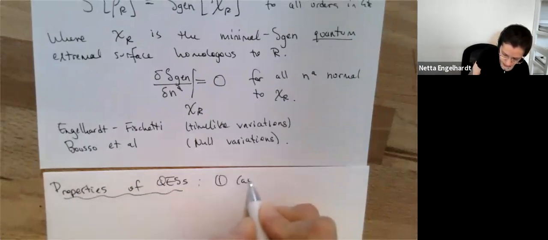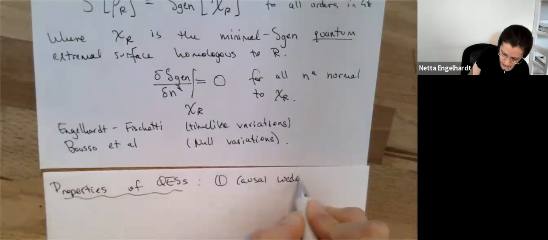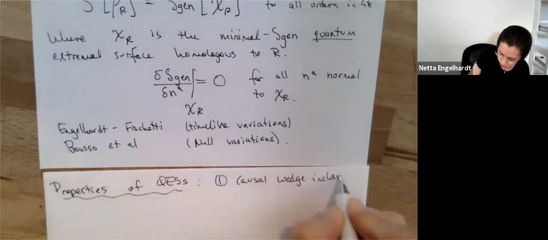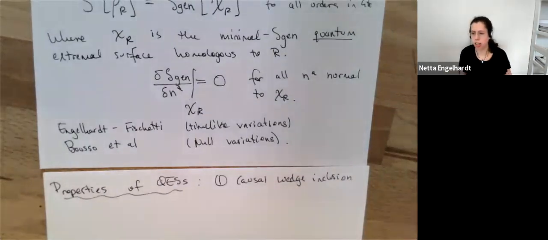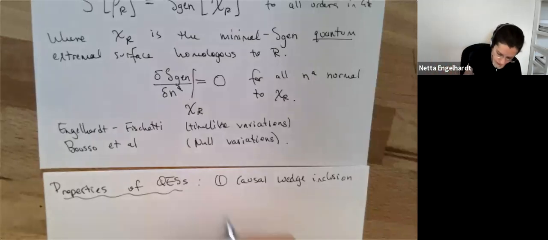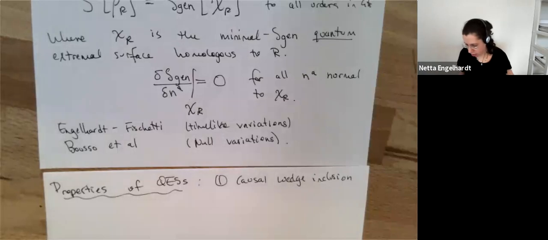The causal wedge inclusion proof works almost identically to the classical proof, which you can find on the web page, except instead of the null entropy, you put in the generalized second law. So that's the first property that we have.